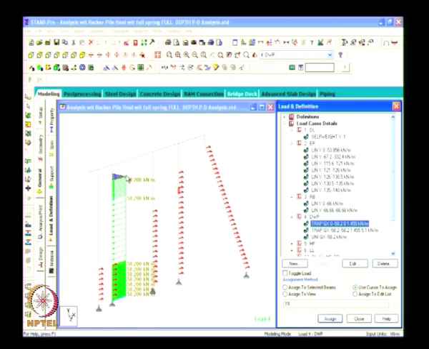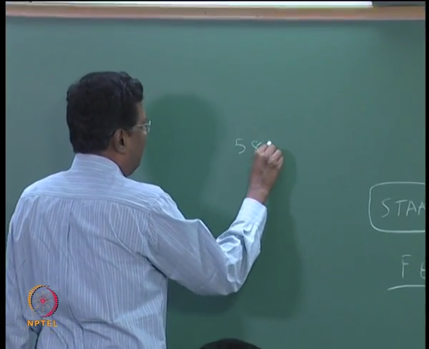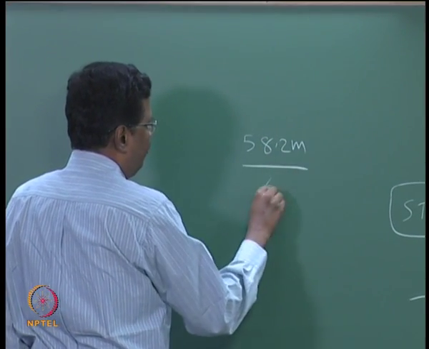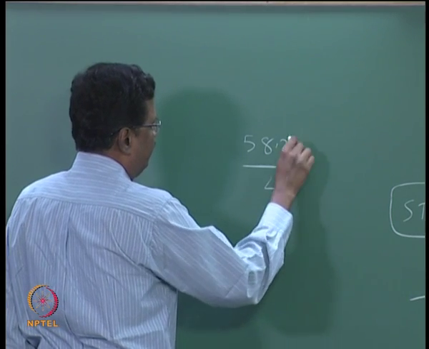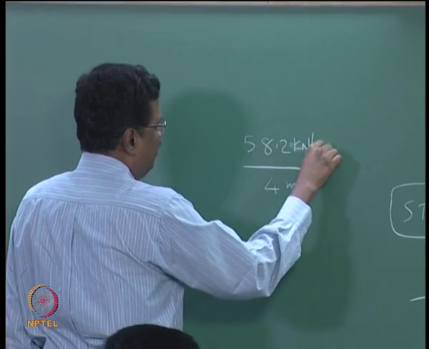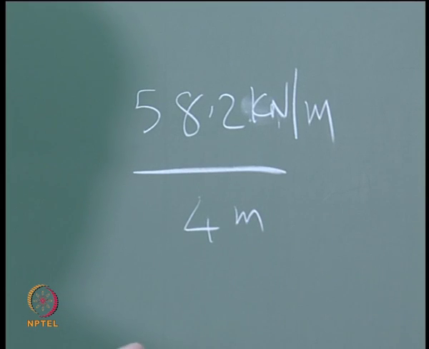The water pressure is about 0.58 meter height, that is given about 58 kilonewton, I am sorry, this is for 4 meter width. See here, this 58.2 is calculated based on some differential water pressure, but this is occurring over a panel width of 4 meters, 58.8 kilonewton per meter.